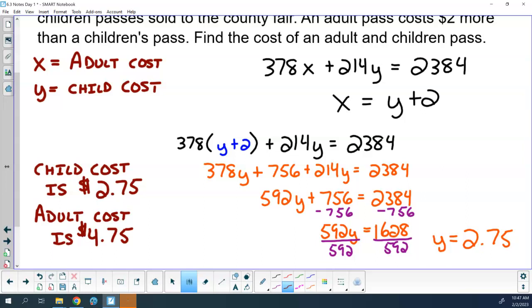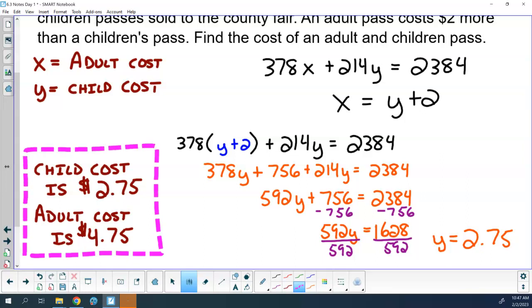In terms of word problems, very rarely will your answer actually be a point, because we're not looking for a specific point in space. We're looking for an answer to a real world problem. Therefore, just saying 275 and 475 also isn't enough information because that doesn't tell me which one is which.